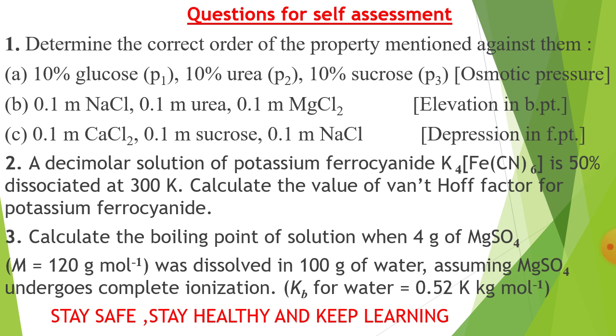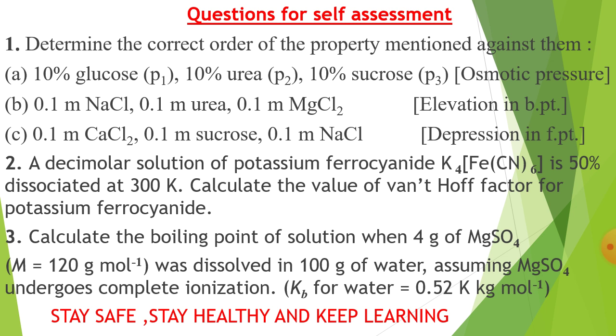Next, some questions are given here for self assessment. Question number 1: determine the correct order of the property mentioned against them. So 10% glucose, 10% urea and 10% sucrose. Here you have to find the osmotic pressure relationship.